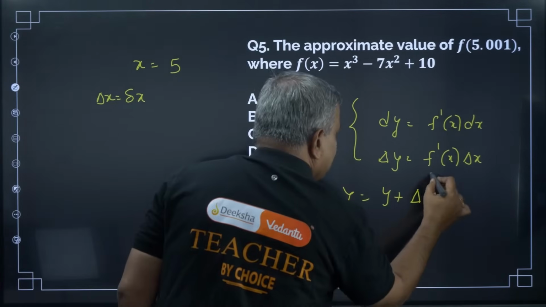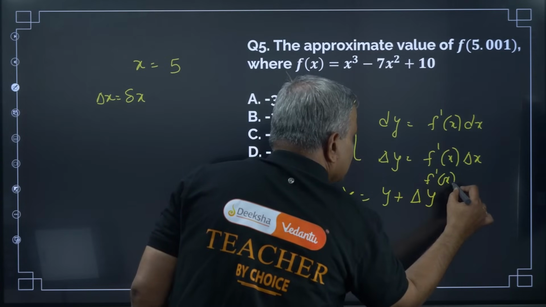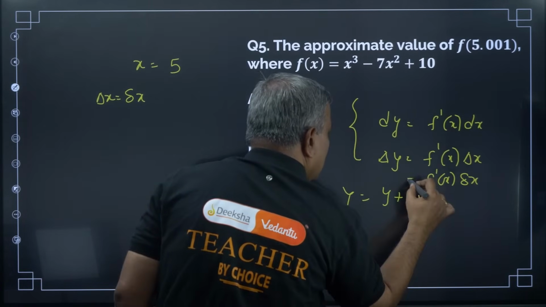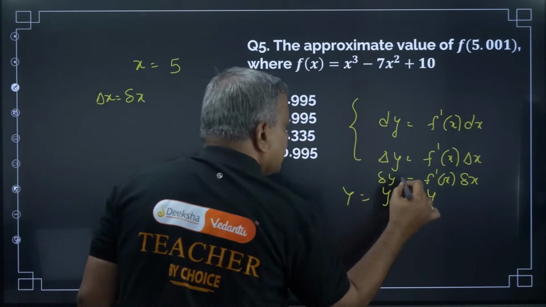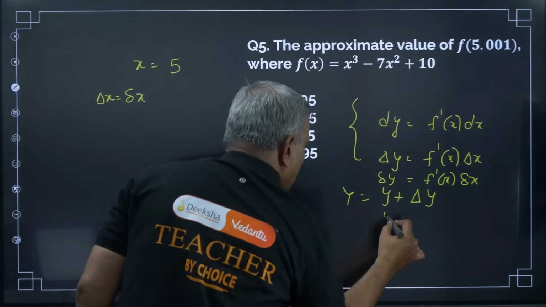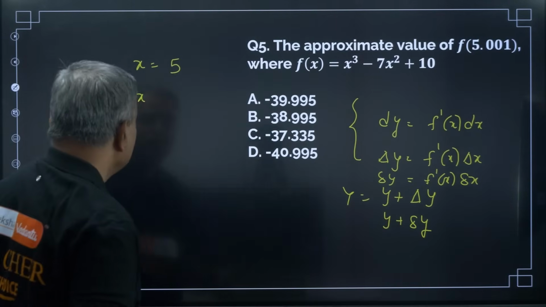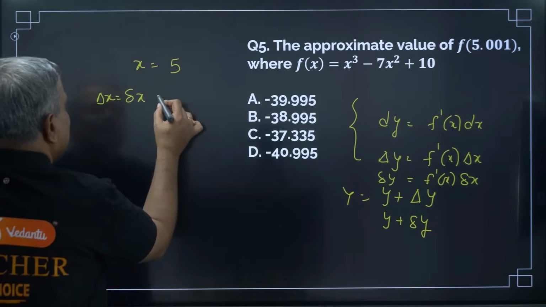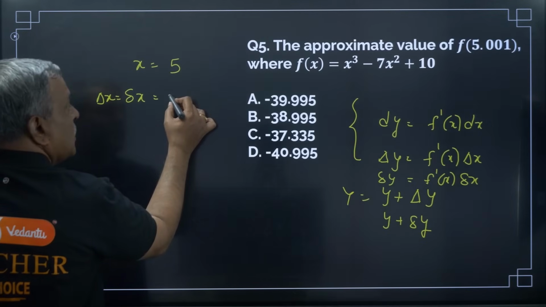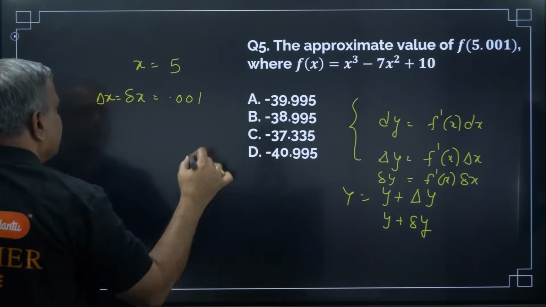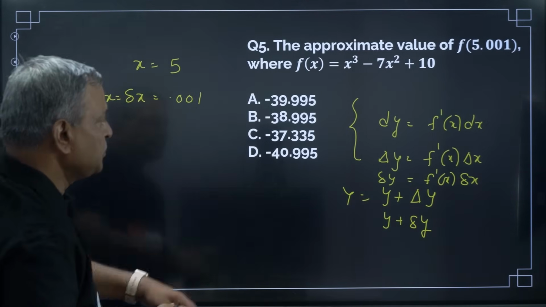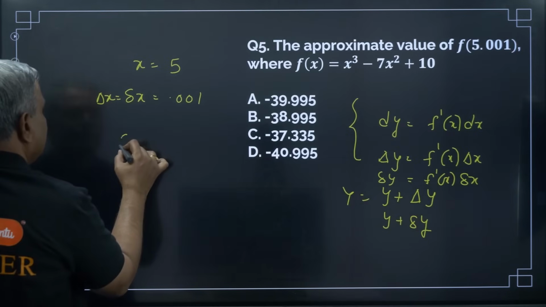Some textbooks write f dash x into delta x. Any symbol, all are the same, delta y. All symbols are correct. This is y plus delta y. Tomorrow you should not get confused. So delta x is equal to how much? 0.001.